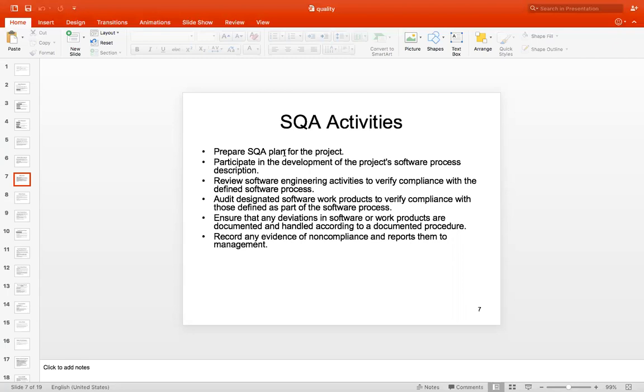Okay, next, after reviewing, I told you for quality assurance in the first slide itself, reviewing, inspections, all these things are done. After that, auditing is done upon the inspections. For example, let's say your team leader will do the inspections. After doing the inspections, there will be an audit team. Maybe your manager.